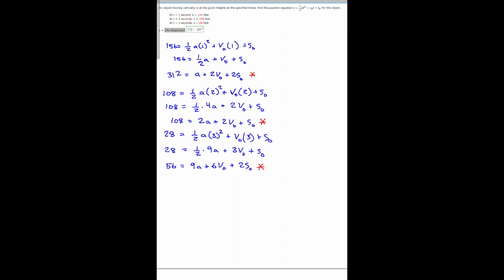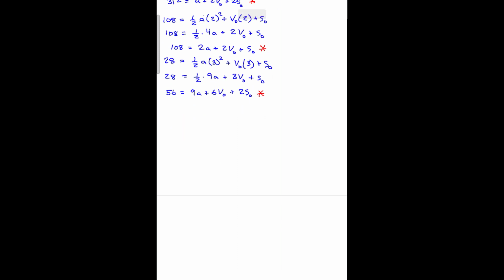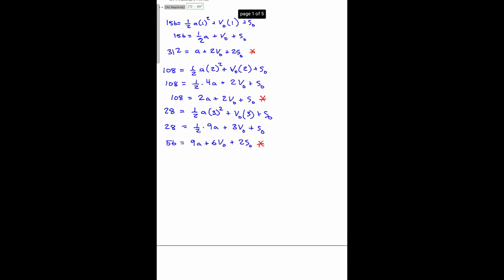Now, the reason why I wanted to star each equation is because we now have our system of equations. Our first equation is the first one that we starred earlier: a plus 2v naught plus 2s naught equals 312.